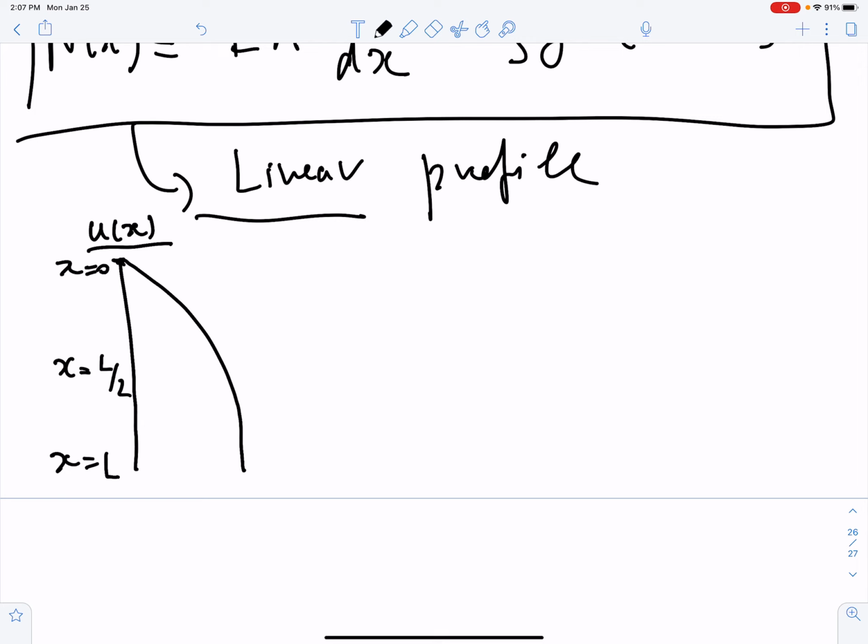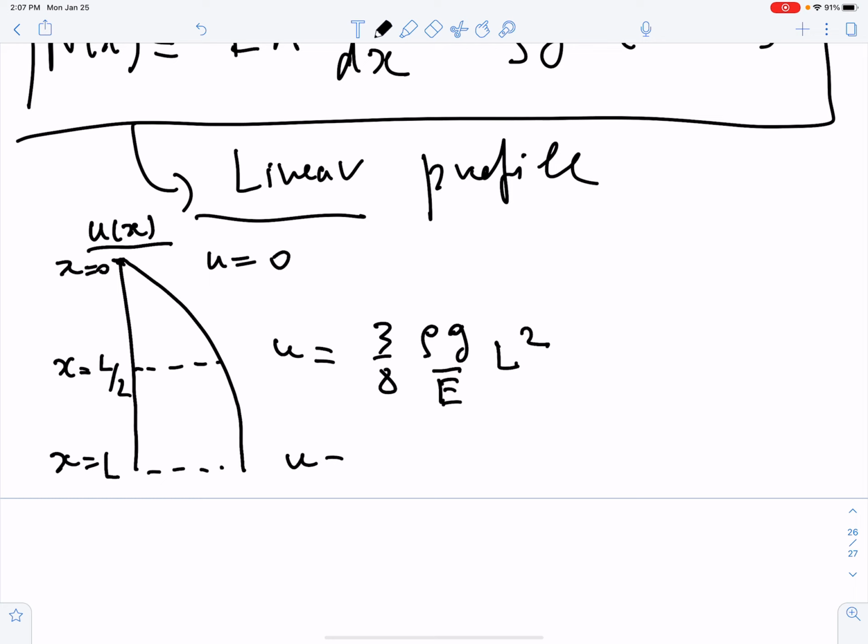So u equals 0 at the start. In the middle, u ends up being 3/8 rho g over e L squared, and at the end, it ends up being rho g L squared over 2e.